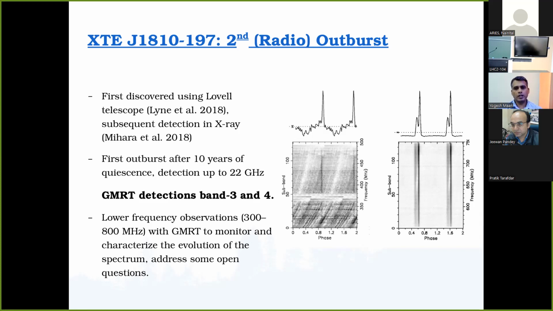Although the X-ray emission could not be observed because of the proximity to the sun, eventually they did deduce that there was an X-ray outburst just before or around the same time as the radio outburst. We detected the source with GMRT in band 3 and band 4, so the frequency range is from 300 megahertz to 750 megahertz, very close to its outburst.